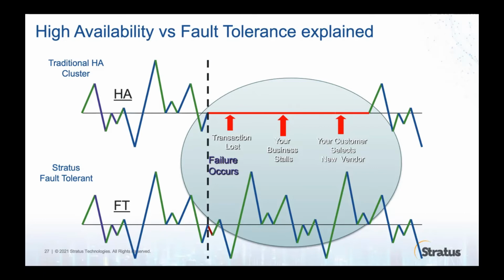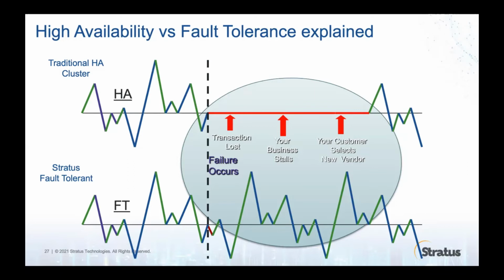Now, for some customers, that is okay, but some customers cannot afford even a minute of downtime. And that's where the bottom graph comes in, where we have fault tolerant. A fault tolerant system is when you see that black dotted line where you have a failure. When you have the failure, the applications will not restart. They will just continue to run on the second node without any downtime or failure or restart.